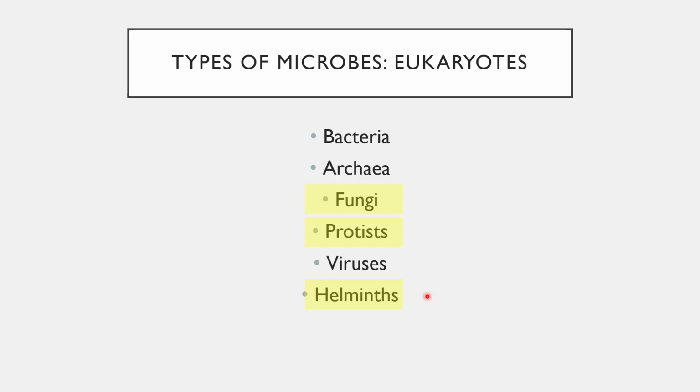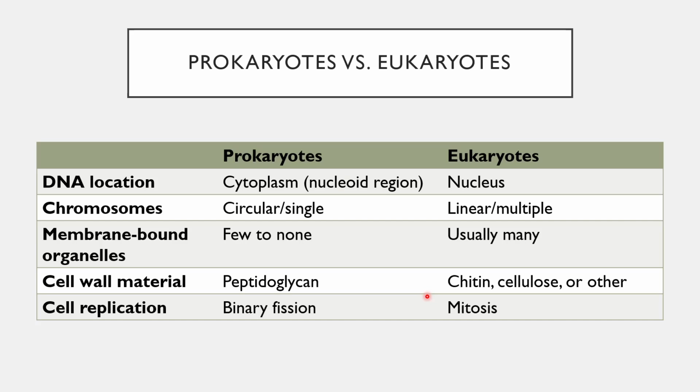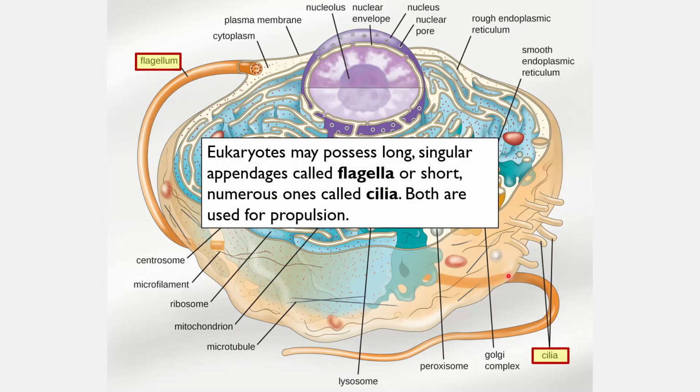So once again, we are going to start exterior to a model eukaryotic cell, and then we are going to move inside gradually. We'll begin by looking at extracellular appendages, which can include flagella or cilia. Like prokaryotes, eukaryotes can possess these long, singular, thick strands called flagella, which are used for movement.